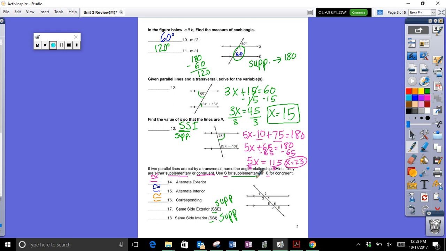So the first three are congruent, and then same side exterior, that would be on the same side, 2 and 8. Those are going to be supplementary, so we'll just put an S there. And then same side interior, that would be like 3 and 6, or 3 and 5, they would also be supplementary, okay?